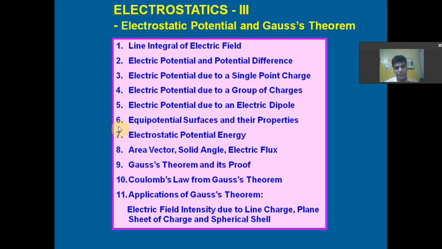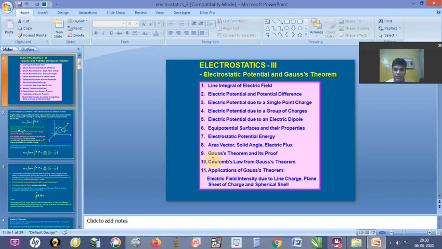Then we did equipotential surfaces and their properties, and then we defined the expression for the electrostatic potential energy, area vector, solid angle and electrical flux. After that we did the proof of Gauss theorem and its application.